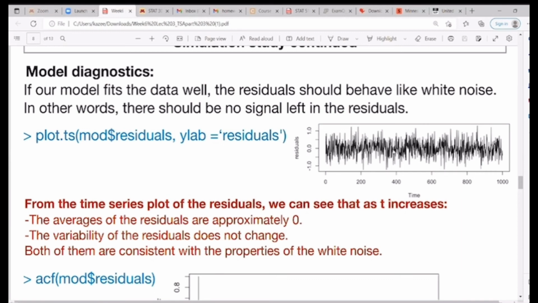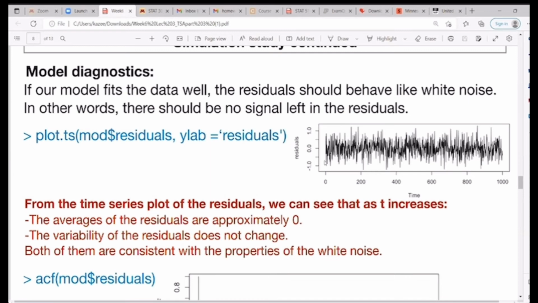But in time series analysis, when you generate a residual plot, the averages of the residual should be approximately 0, and the constant variance still holds. The same as in linear regression, where the variance of the residual at different values of the predictor has to be the same.